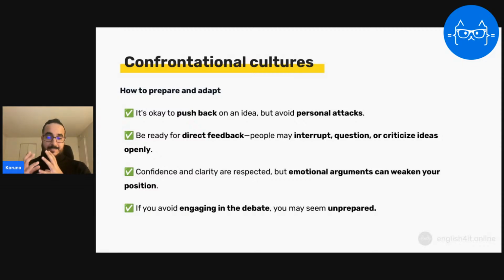You don't want to attach a lot of emotion to it. And if you avoid engaging, it seems like you're unprepared. Like if you just avoid debating this idea, not debating in an aggressive sense, but in an intellectual sense, well, you may seem unprepared, right?